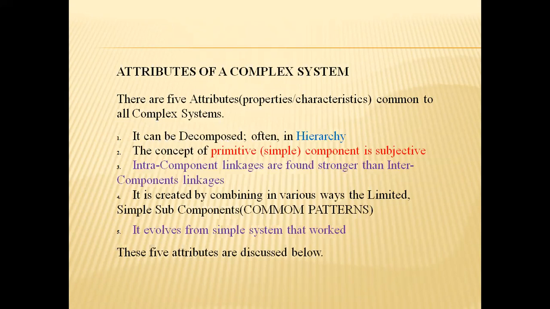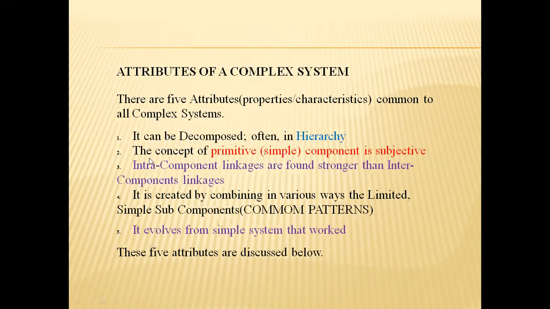That is, the college has different departments, the departments have some students and faculty, and students have classes, that is second year, third year, fourth year. So every system can be decomposed. The first property is decomposition.